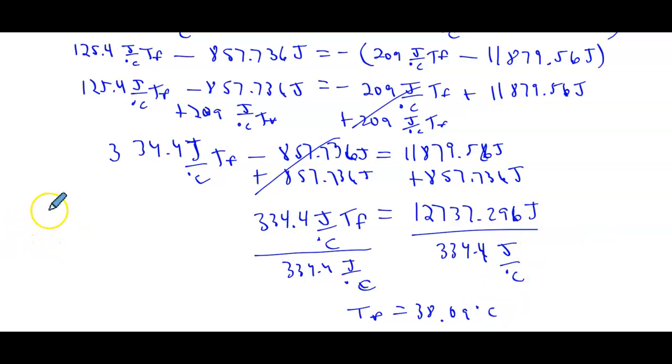Because think about the units here. On this side over here, we have joules over joules per degree Celsius, so then that's the same thing as joules over joules times degrees Celsius. Flip that bottom unit. That's how I get the units of degrees Celsius.